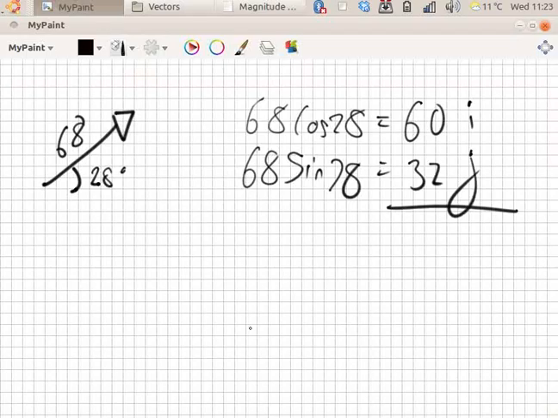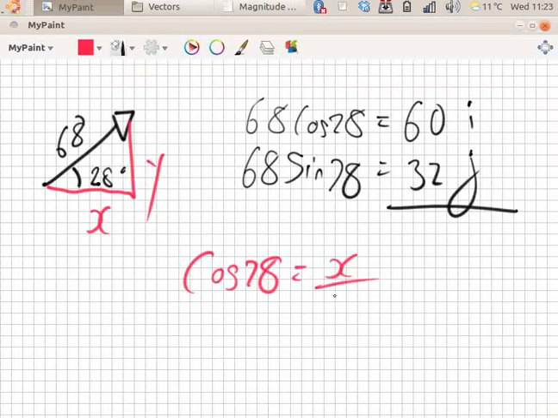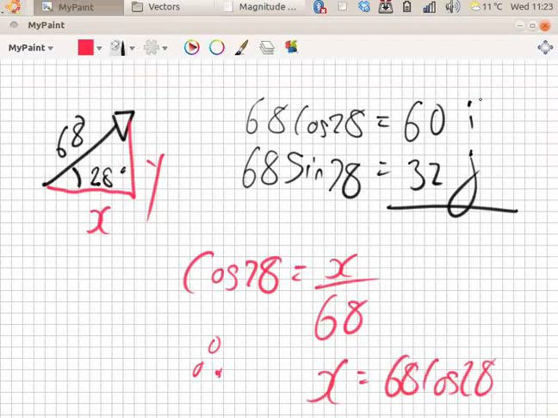Why, this is semester 1 trigonometry, folks. x, y. cos 28 equals x over 68. Therefore, x is 68 cos 28. Yeah?